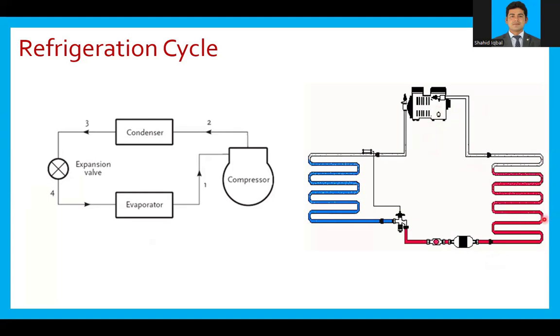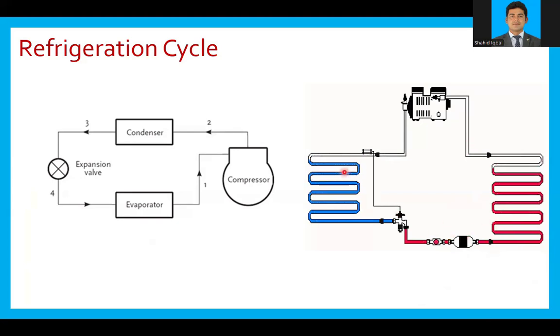Then the condenser performs the process of condensation, where the high pressure refrigerant releases heat and condenses into a liquid. Here is the expansion valve. For expansion, the refrigerant passes through the expansion device, where its pressure drops and it cools further.